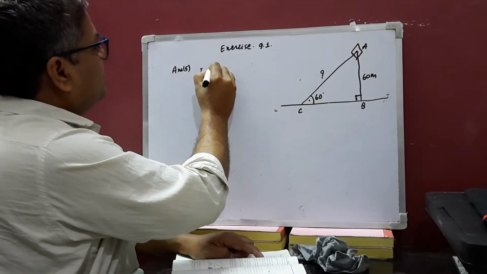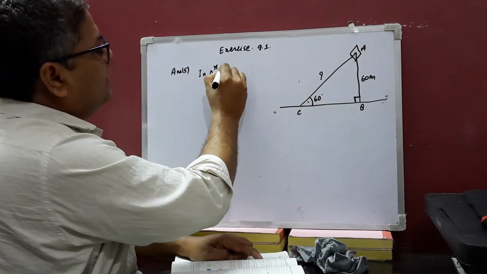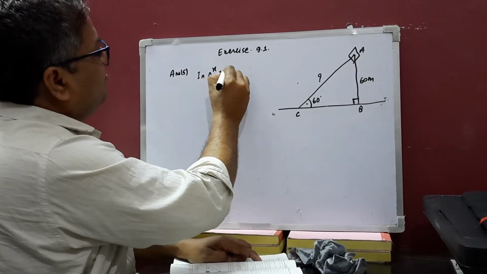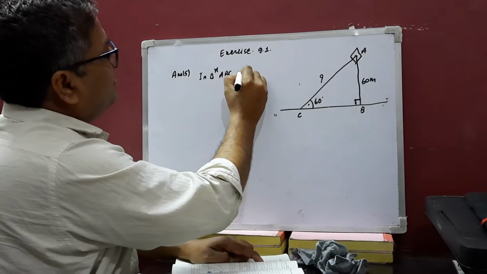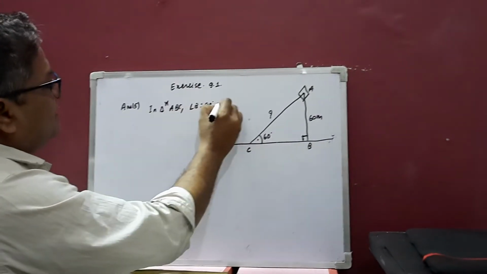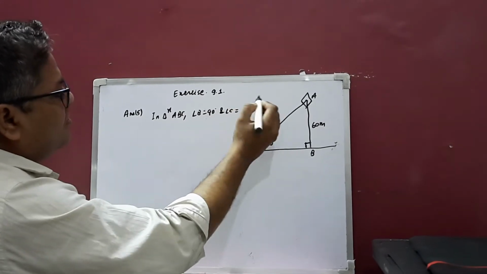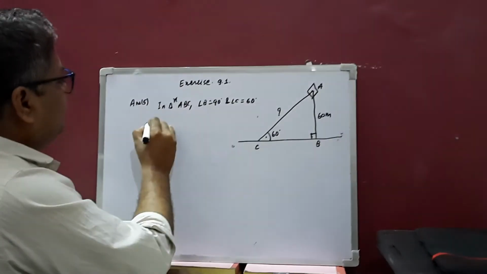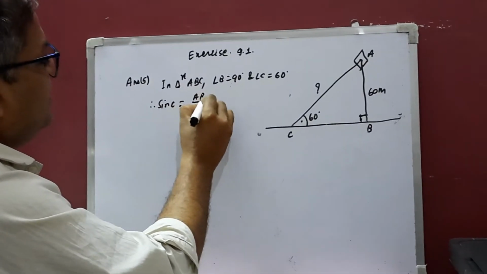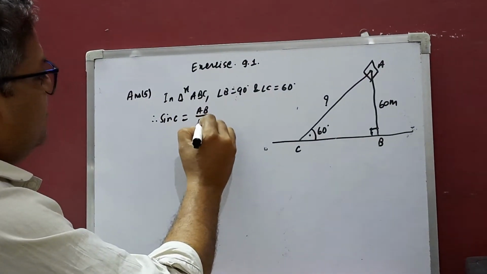Therefore in right triangle ABC, angle B is 90 degree and angle C is equal to 60 degree. Therefore sine C is equal to AB by AC.